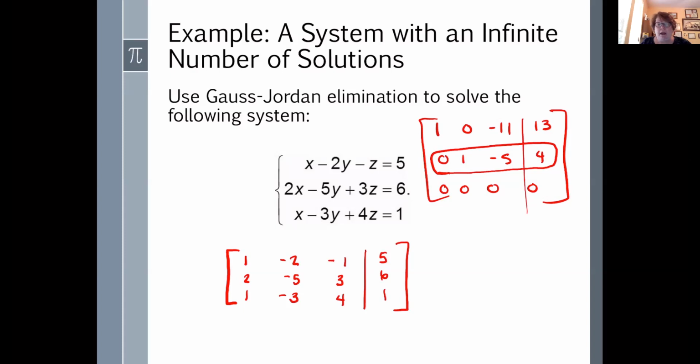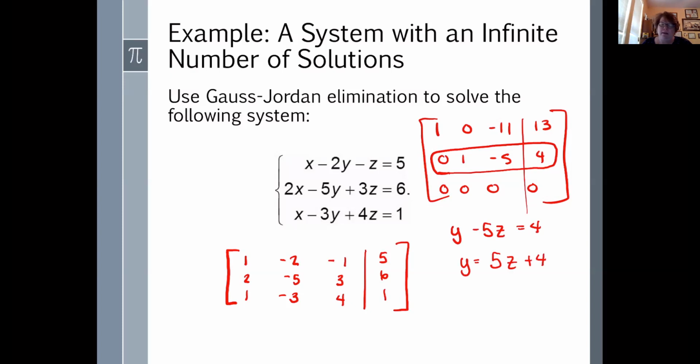So I have 0x plus y minus 5z equals 4. And I'm going to solve that equation for y by adding 5z to both sides. So I'm going to move the z to the right-hand side of the equation by making it positive.